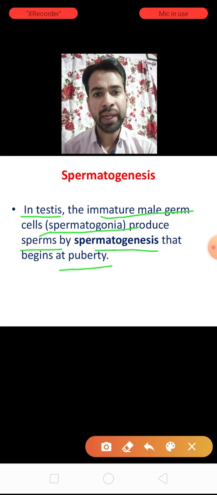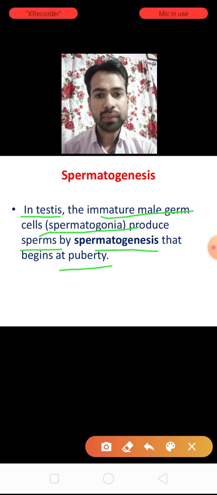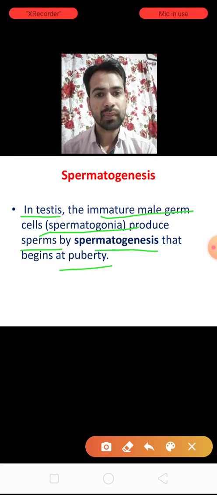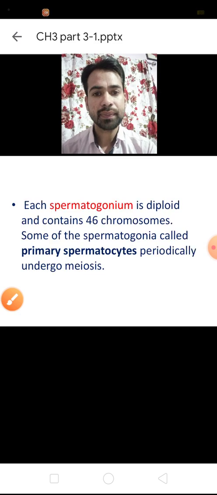Okay, so very simple, very easy. From the male gonads, testes, the sperms are produced by the process of spermatogenesis, and this process begins at puberty. Okay, clear? Any problem regarding that?